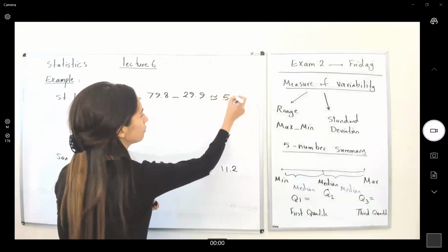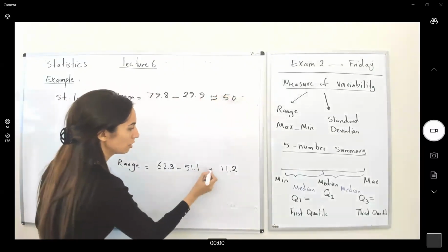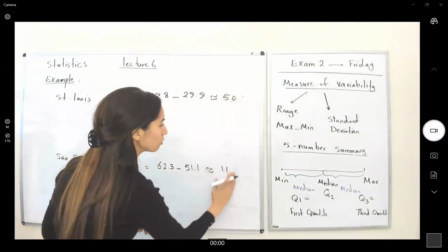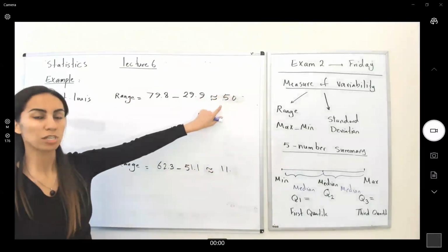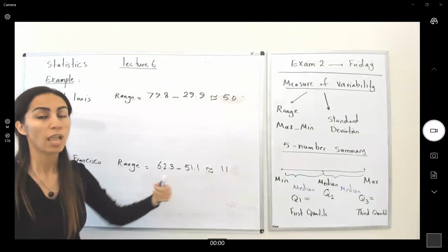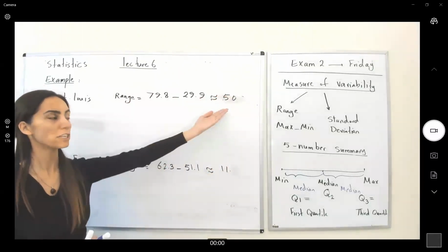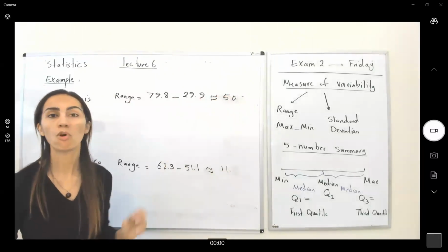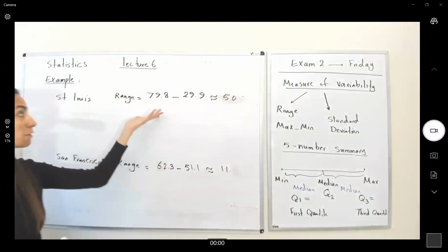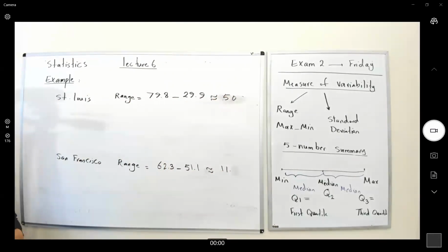And the range of the second collection is almost 11. So as you can see, the first range is larger than the second range. And you can say that since the first range is higher than the second range, it means that I have more variability in the first collection.